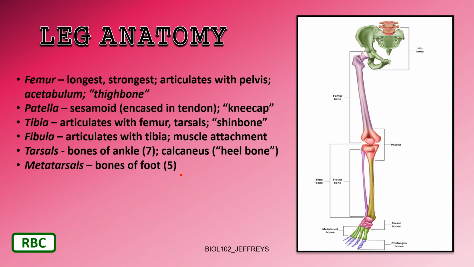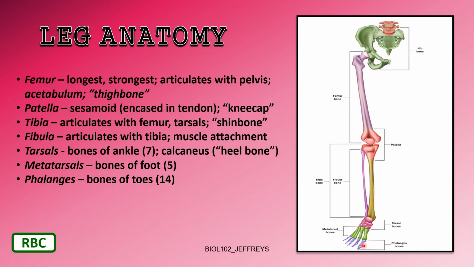And then you have, like in the hand, the bones of the foot, the metatarsals. See? Tarsals, metatarsals, just like carpals, metacarpals in the hand. Metatarsals are the bones of the foot. There are 5 of them, just like in the hand. And then you have the bones of the toes.